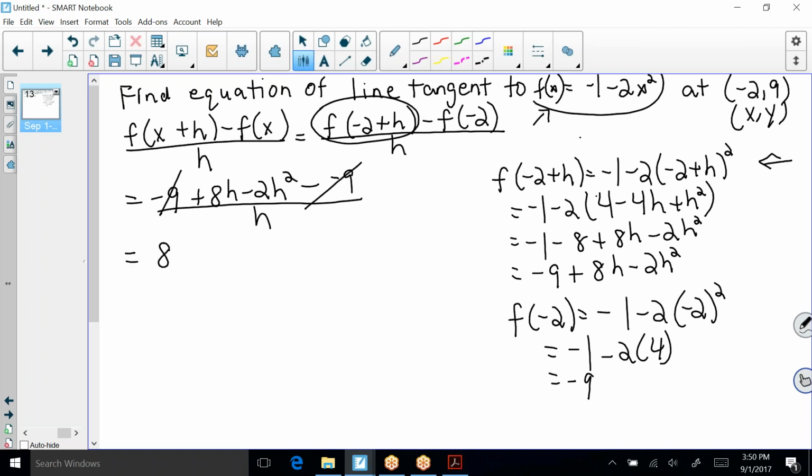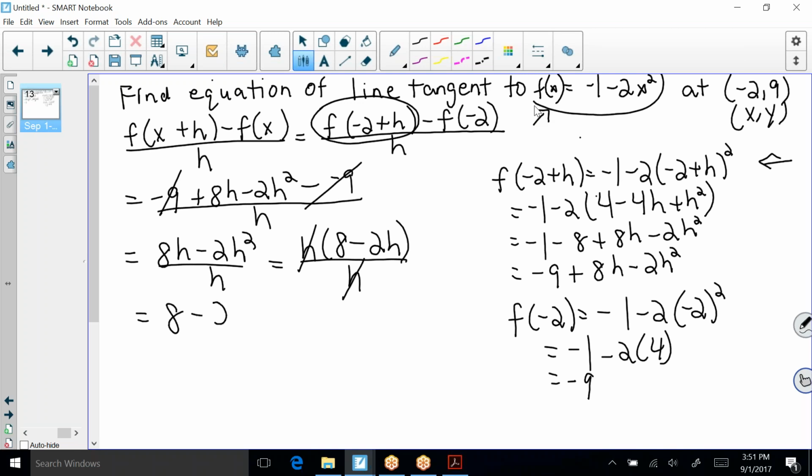And then we have 8h, oops, that's minus. So 8h minus 2h squared divided by h. Factor out an h just like we've done every time. And we have 8 minus 2h divided by h. H's cancel, and we're left with 8 minus 2h.